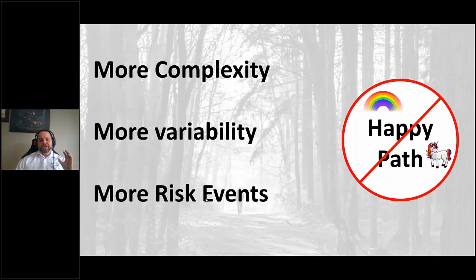So please, when you do supply chain modeling, include simulation as part of the project, stop living in the happy path in a world of rainbows and unicorns, and start doing simulation to really capture the variability and risk events of the real world, which cannot be captured at all with optimization.